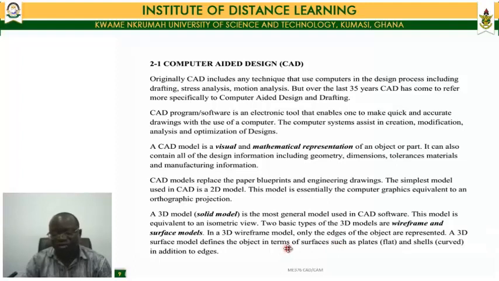The wireframe is basically a model where you can only see the edges of the objects. So when we draw an object and all you can see is a bunch of lines forming the edges, then we say this representation of this model is in wireframe. Now, a surface model is the model that defines the object in terms of the surface, such as plates and shells that are actually enveloping surfaces.